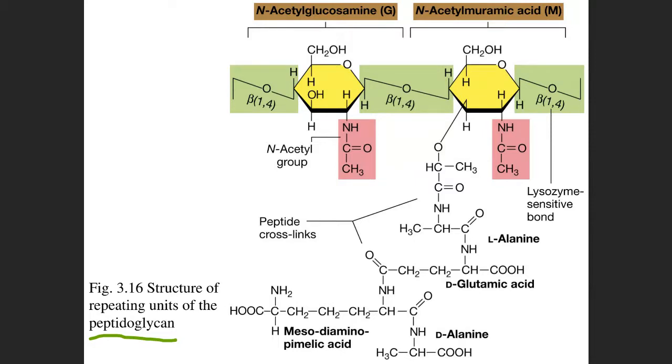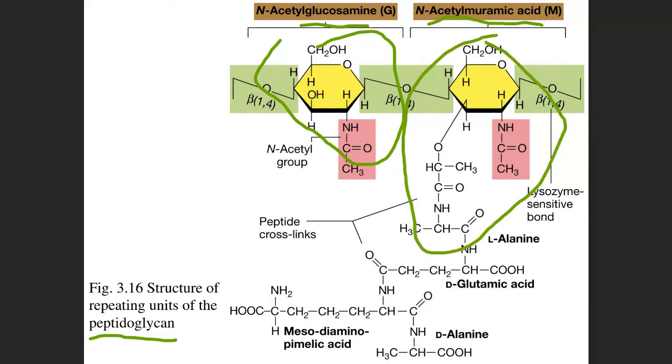And so what you see here is this peptidoglycan layer, with so many of them, but there are actually only 2 basic molecules. N-acetylglucosamine is one, and N-acetylmuramic acid is the other. So this is one unit, and this is another unit.